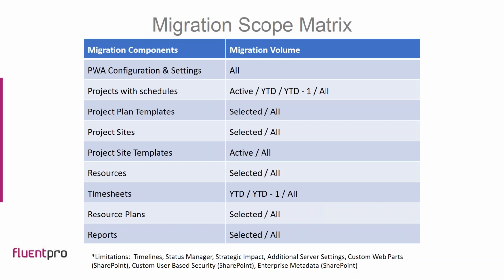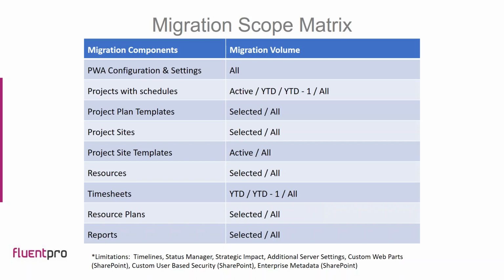There are several other limitations, and you can see part of them on the screen. This is not the entire list, but these are some of the important ones. Some of these limitations are related to the API provided by Microsoft, which is used by the migration tool. Some of them are related to Project Online infrastructure, as in certain ways it is different from Project Server on premises.